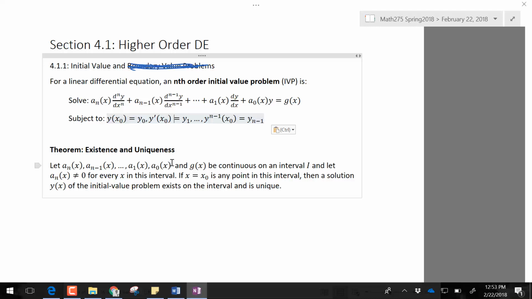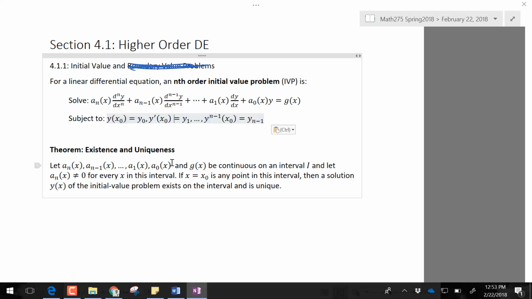And like before, you're guaranteed a solution within some interval. It may not be all of real numbers, but then, we probably don't need a solution to all real numbers. We only need a solution from 0 to 15 or something, some shorter interval that we're looking at.